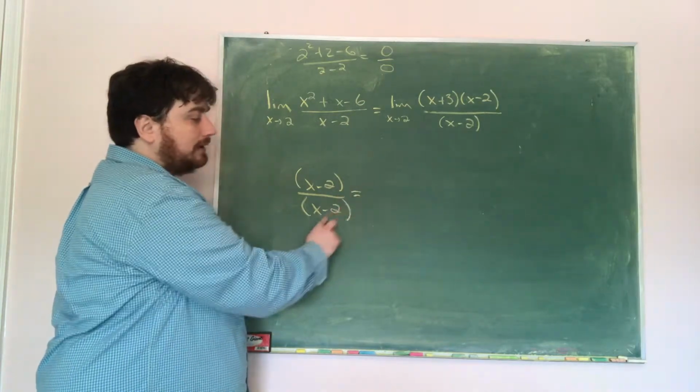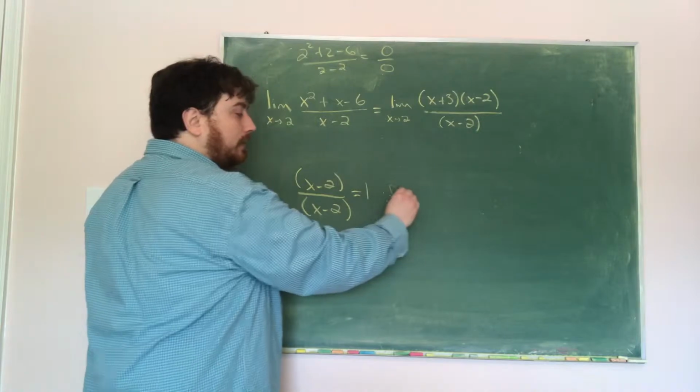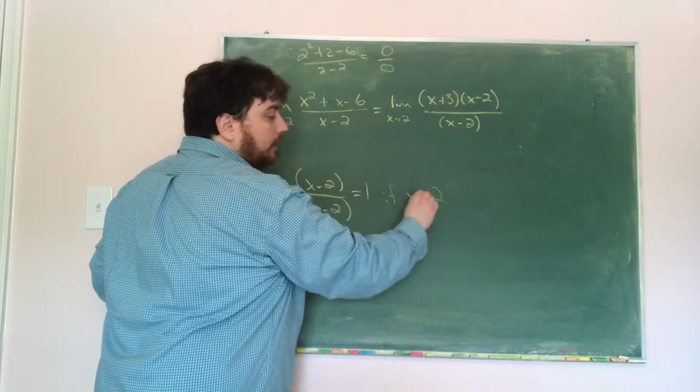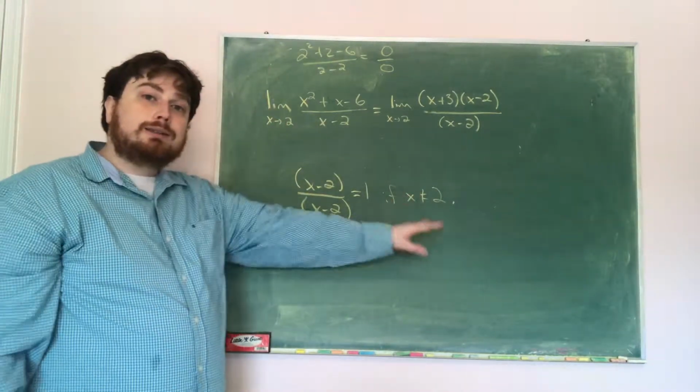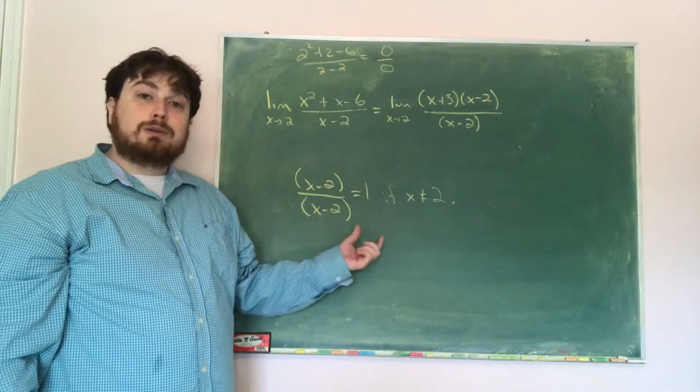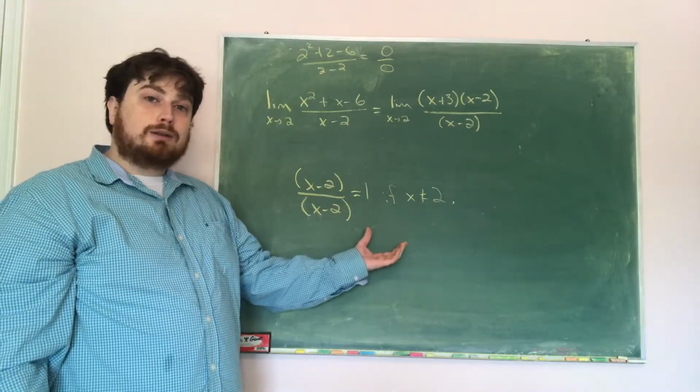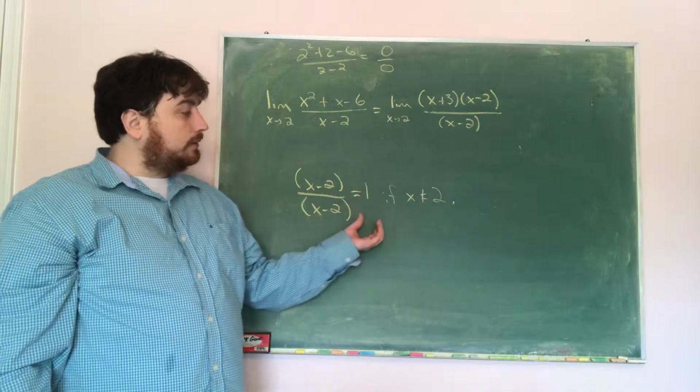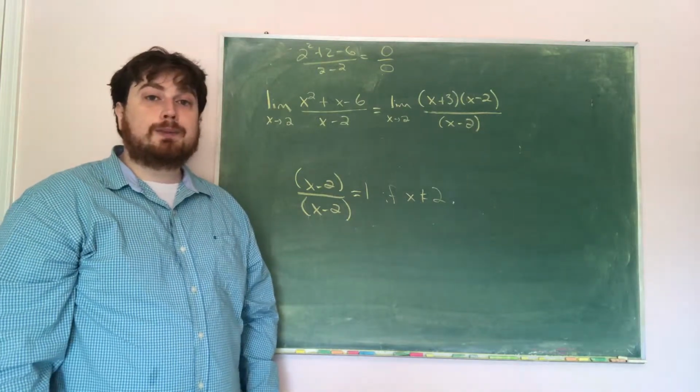So I'm going to say that this is equal to 1 if x is not equal to 2. When x is equal to 2, these are not equal. So I can't say that these are equal in general, but I can say that these are equal as long as x is not 2.